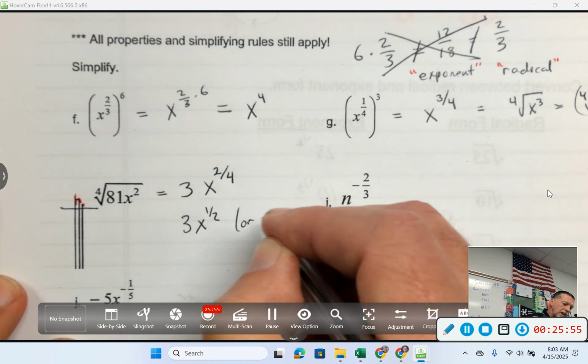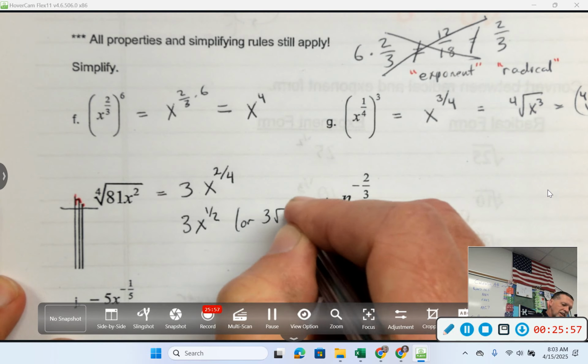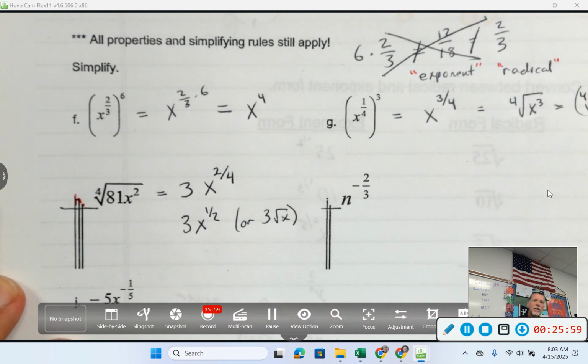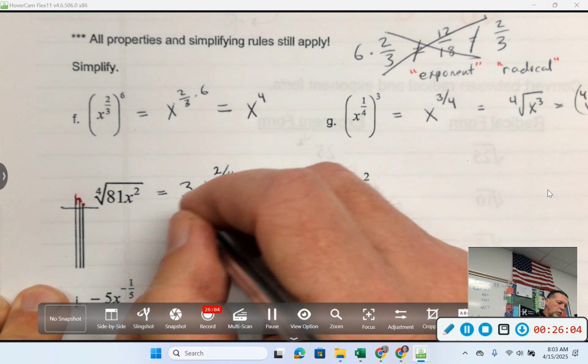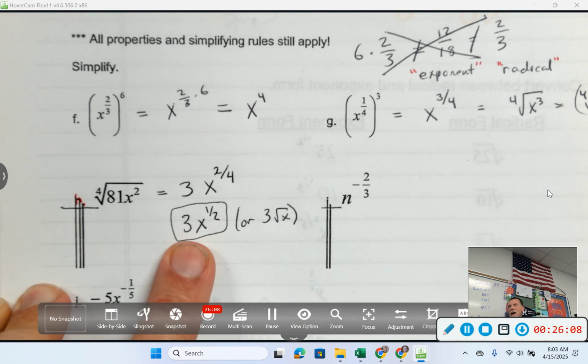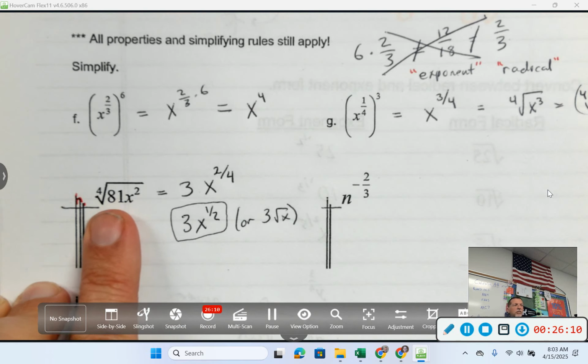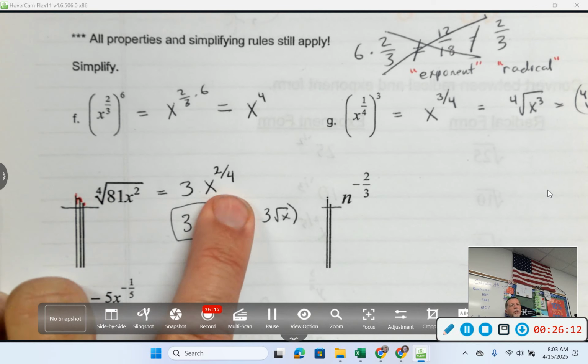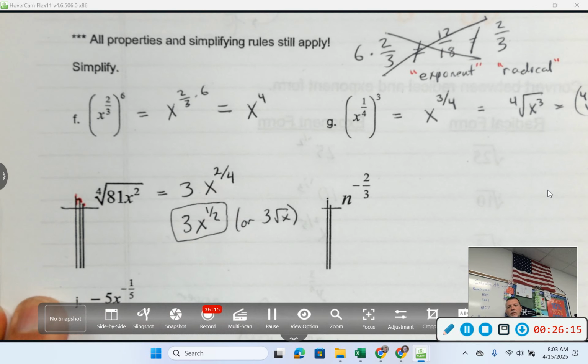What's another way to write 1/2? Again, this is why I said earlier we usually prefer exponents to radicals, because you can do more math with them. It feels like you're stuck with the 4th root of x squared, but when you turn it into an exponent, then you see that it can reduce.